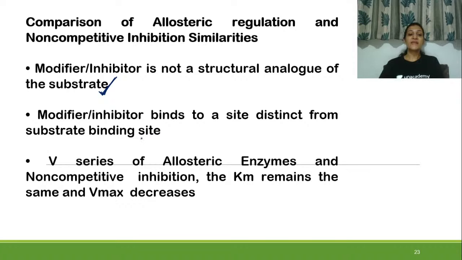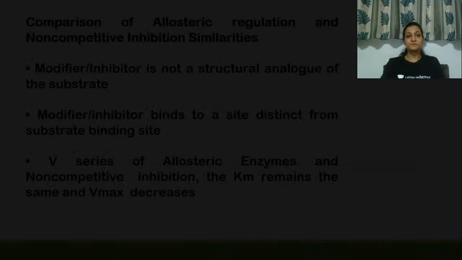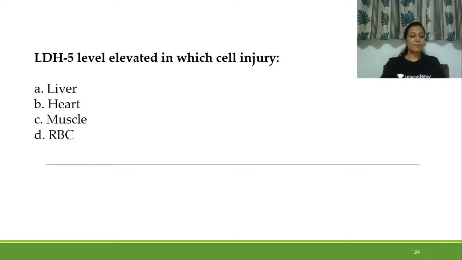The modifier and inhibitor bind to a site that is distinct from the substrate binding site. When we drew the structure, we drew a different place for the binding of the modulator. In V series allosteric enzymes and non-competitive inhibition, Km remains the same and Vmax decreases for non-competitive inhibition. So that is it about the theory.